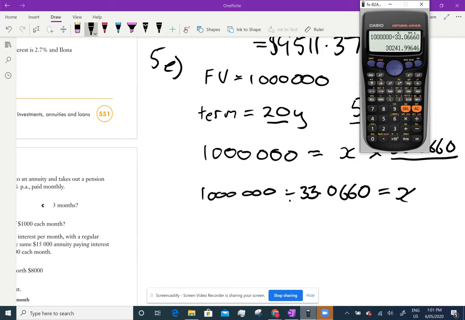What question are we doing? 5E and 6E, sorry. I must have written it down wrong because I'm slightly out. I've got the right amount. What size is it? 20 and 5%. 33.0660. That's right.